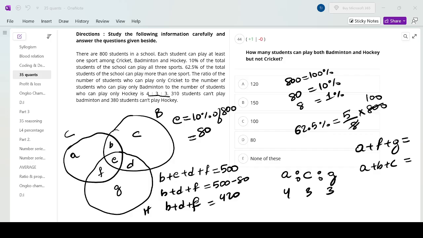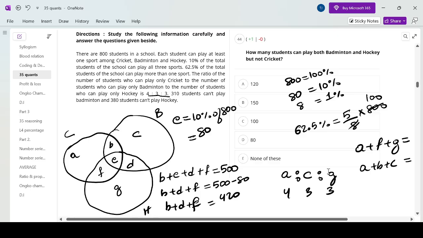So how do we do this one? So we have 300. Okay, alright, let's give it a try.